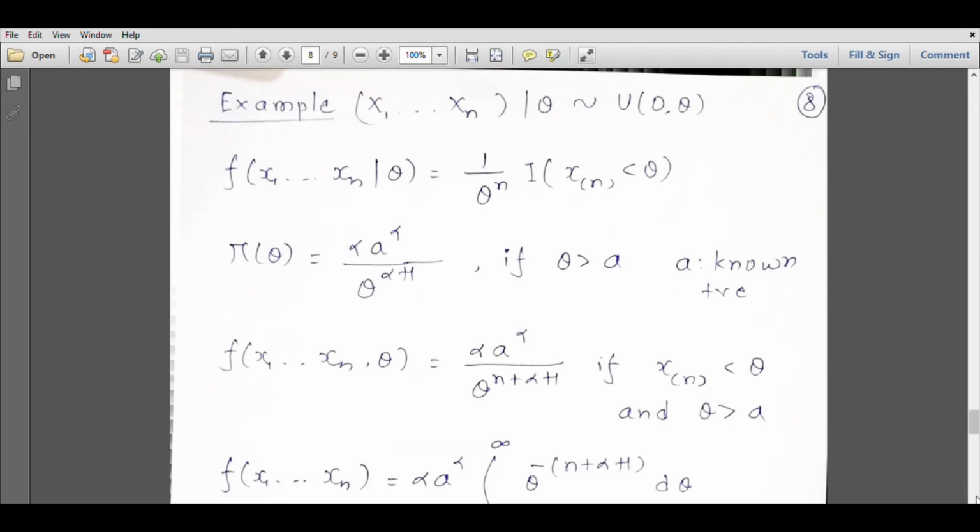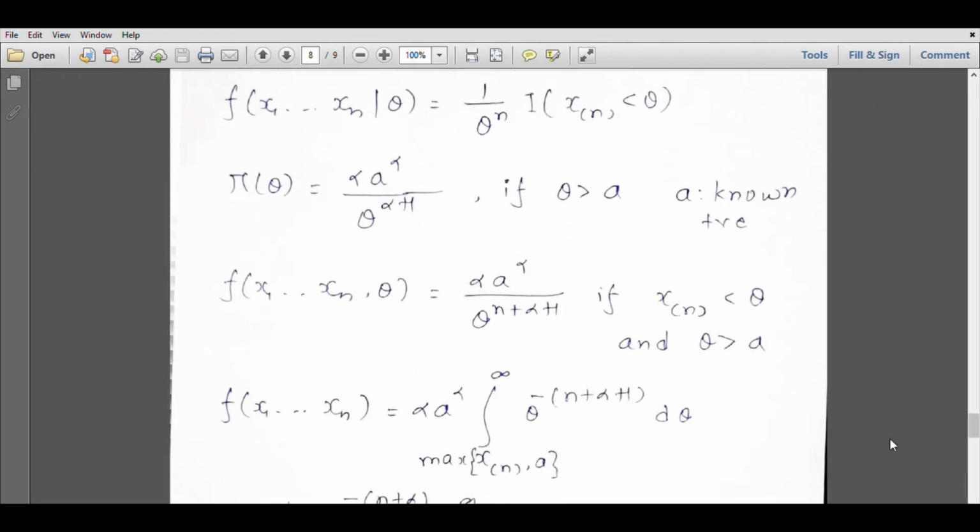Then the joint distribution will be alpha a raised to alpha upon theta raised to n plus alpha plus 1. Now both the conditions must be true in order to have this form of the joint distribution of xi's and theta. That means x ordered n should be less than theta and theta should be greater than a. That means theta should be greater than both of these, so I am taking a maximum.